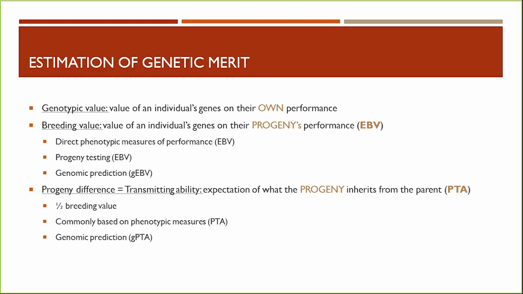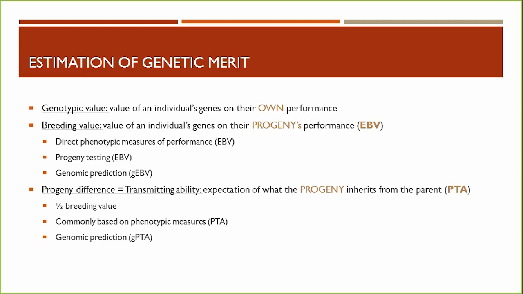Most often you'll hear EBVs, which is another term for estimated breeding value. Often if you see a small g in front of that, that's talking about genomic EBVs. Similarly, you'll have PTA for predicted transmitting ability, and GPTA is genomic predicted transmitting ability.